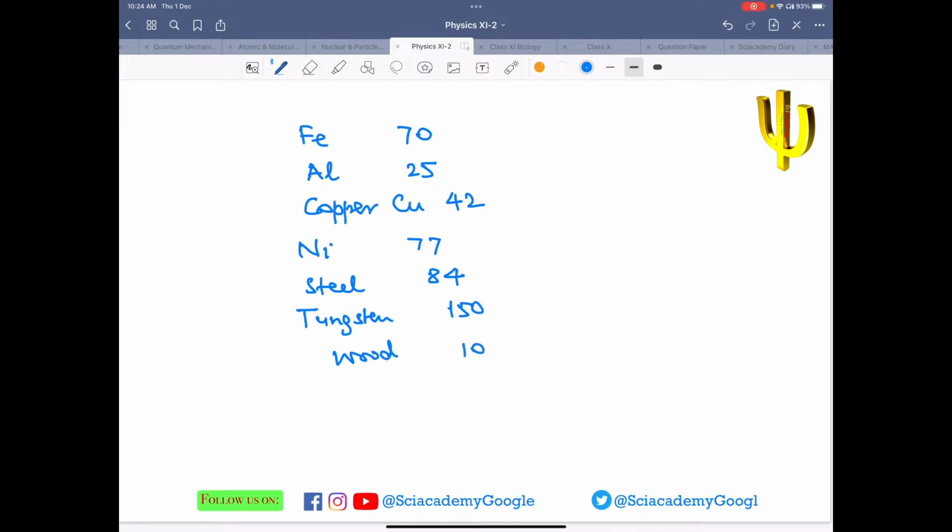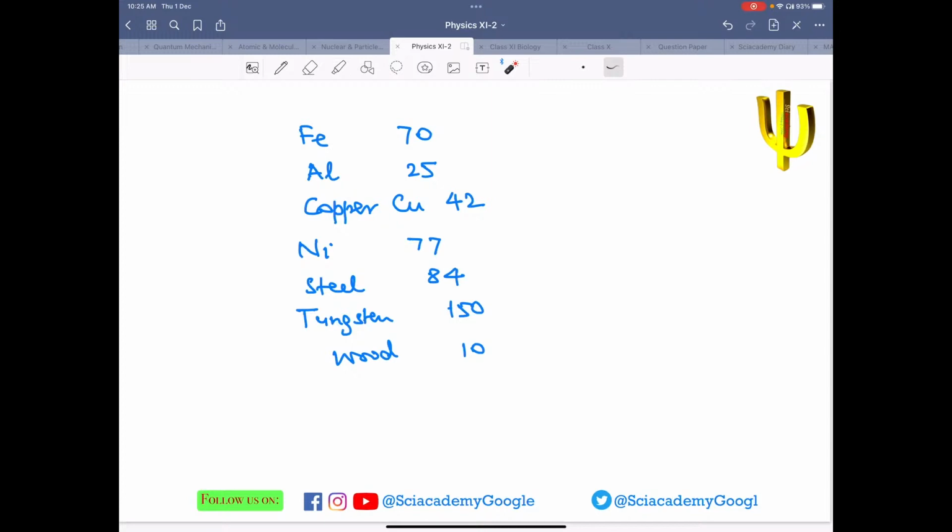So shearing modulus or modulus of rigidity, you can see that it is highest for the tungsten, and after that it is for the steel, and then nickel, and then iron. So these are the modulus of rigidity for the different material.